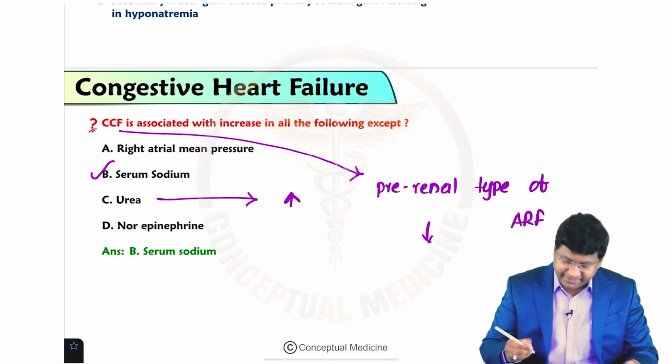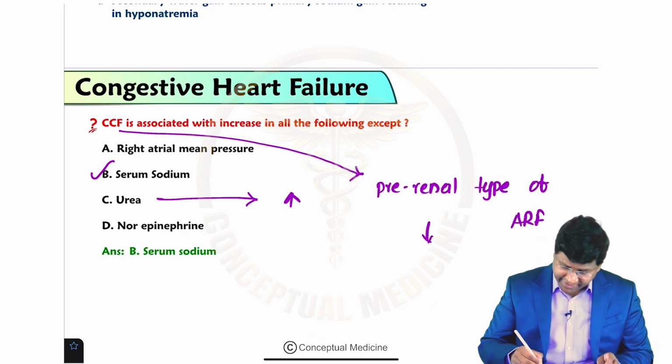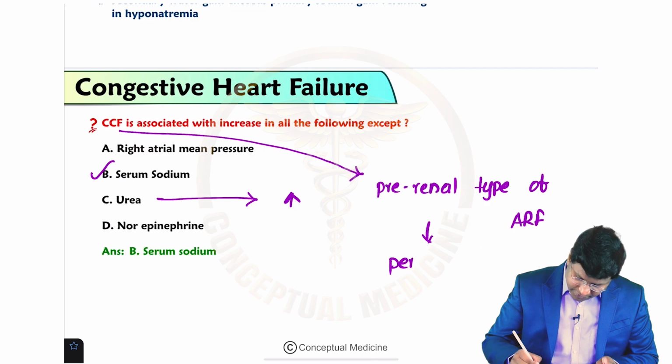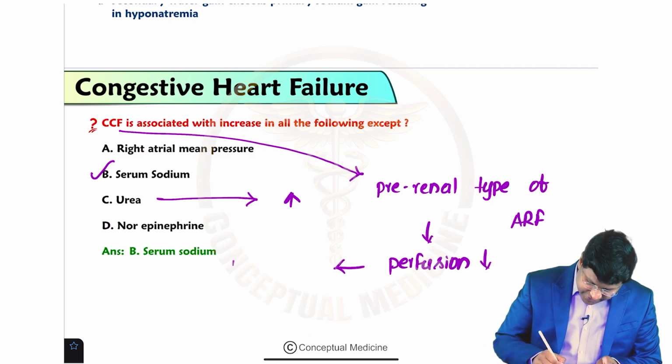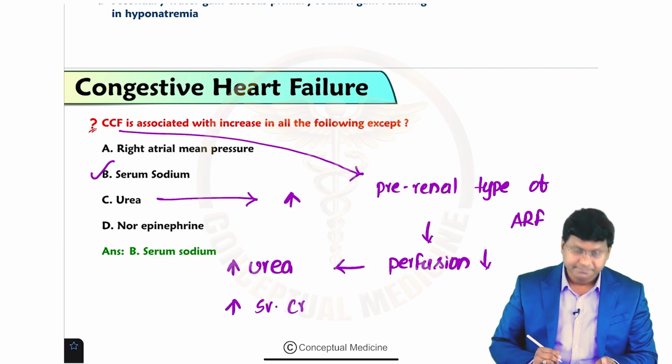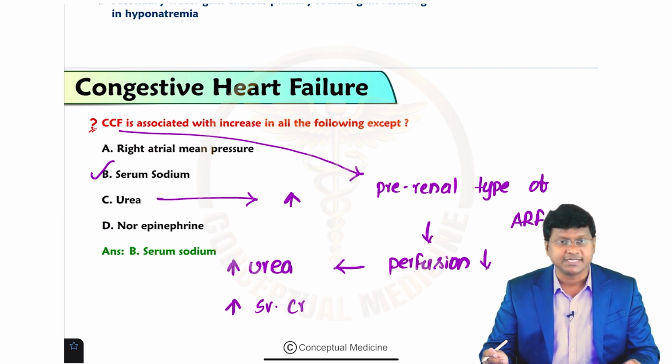So because of the development of pre-renal acute renal failure, the perfusion to the kidney, what is pre-renal? Perfusion to the kidney will be reduced. As the perfusion to the kidney is reduced, there will be increase in urea and also increase in serum creatinine. So that is about congestive cardiac failure.